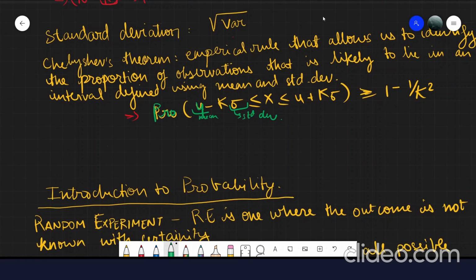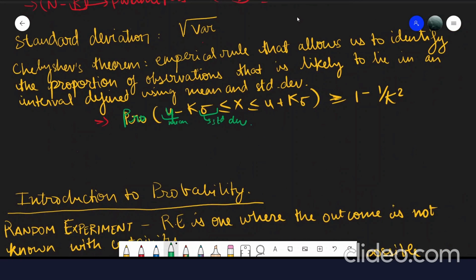To explain this with an example, let's say I am a bank and I have 12,000 people who use the credit card on a daily basis. The mean is around 12,000 because on average, 12,000 people use the credit card every day. And the standard deviation is about 2,000. So this mean varies by 2,000.